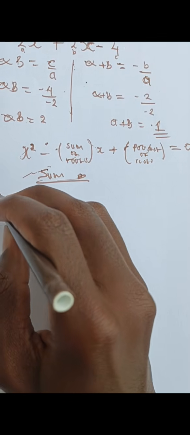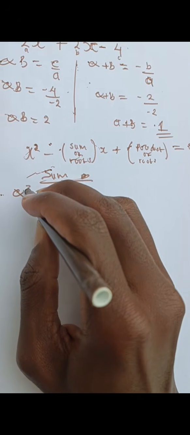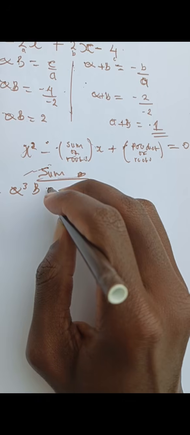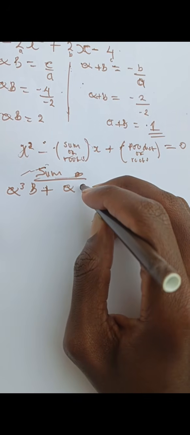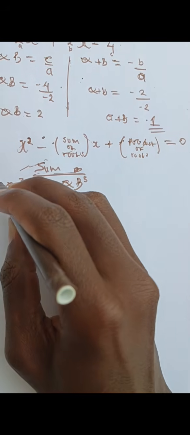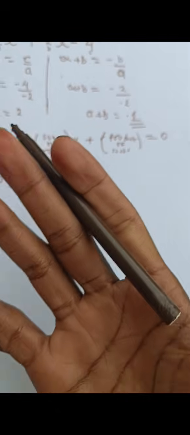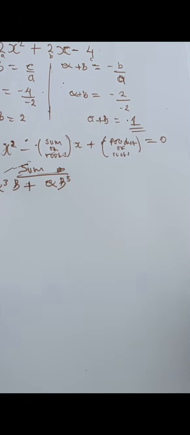So the roots which have been given are alpha power 3 beta, it's the sum, right, plus alpha times beta power 3. So most of the students, I think, who failed this question, it was the issue of simplifying.